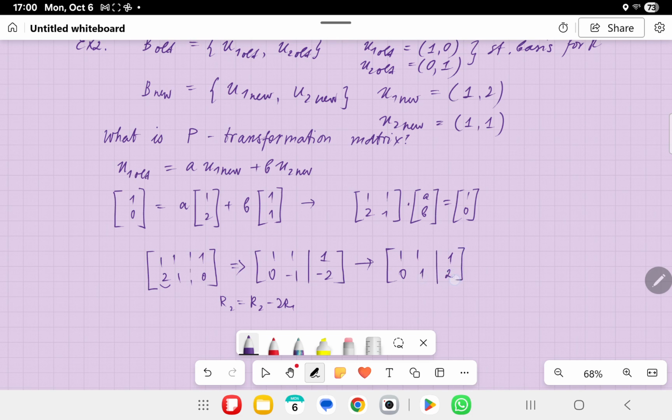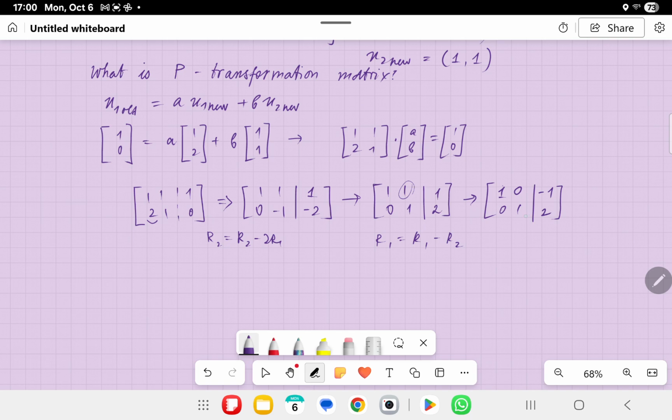And now I'm going to eliminate this element, so row number 1 equals row number 1 minus row number 2. I'm going to get 1 0 minus 1.